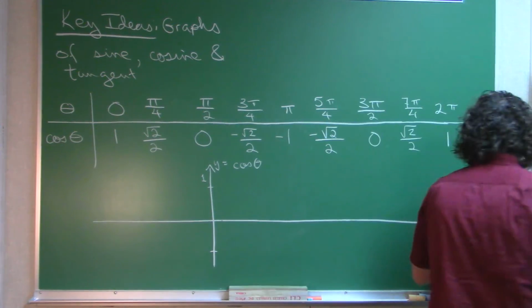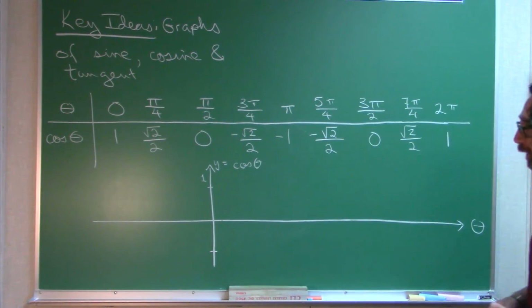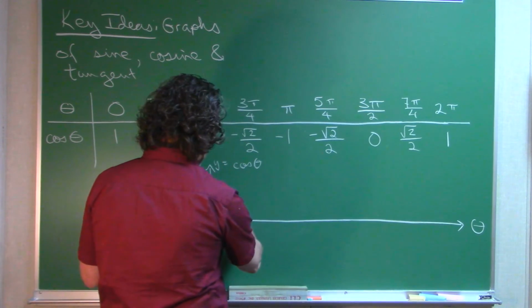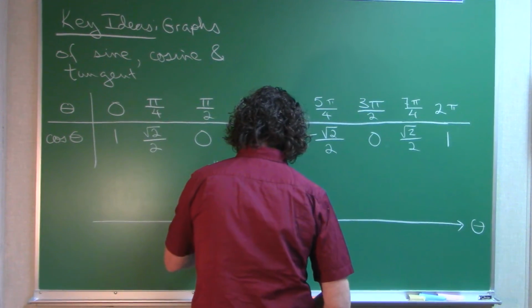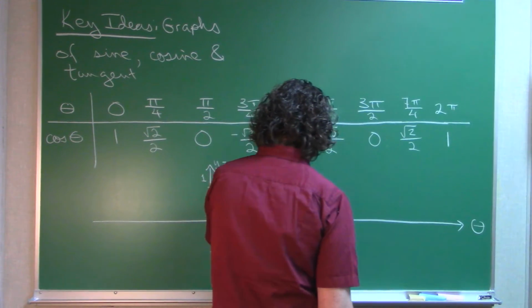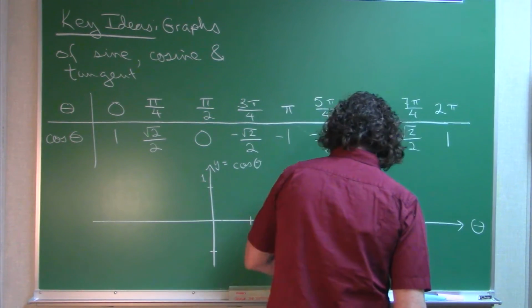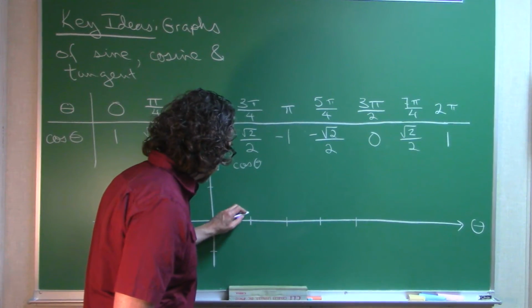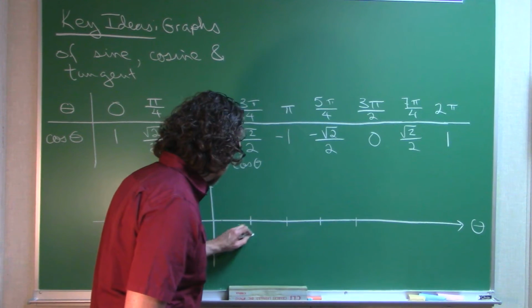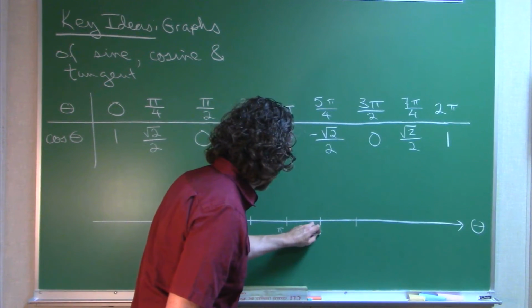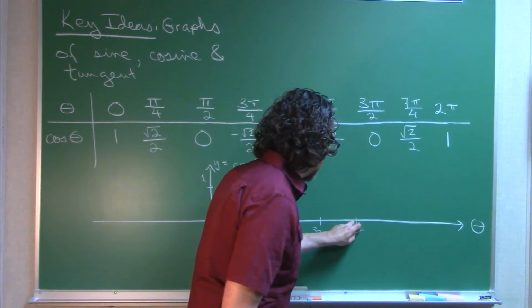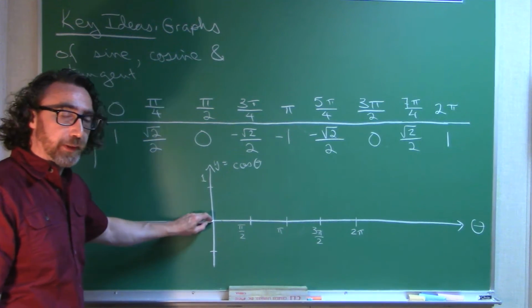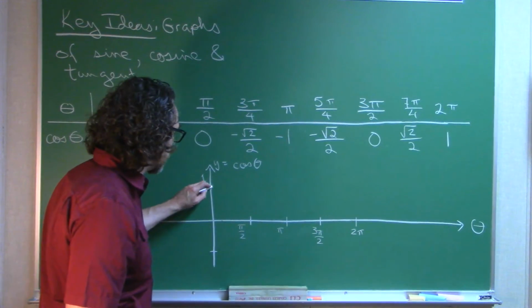This is my theta axis right here. These are going to be increments of pi over 2, pi, 3 pi over 2, and 2 pi. So this is theta equals 0 right here. At theta equals 0, the cosine is 1.